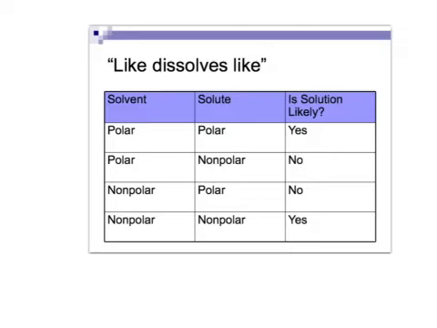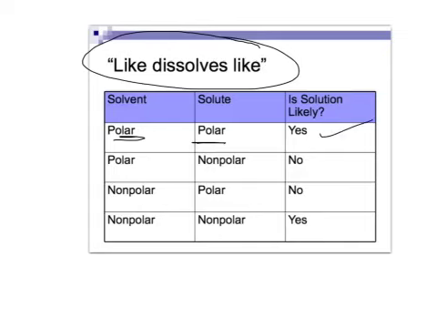So covalently bonded compounds can dissolve in water too. The overriding principle for whether or not something is going to be soluble is that polar substances dissolve in each other and nonpolar substances dissolve in each other. A polar substance solute will not dissolve in a nonpolar solvent and vice versa.